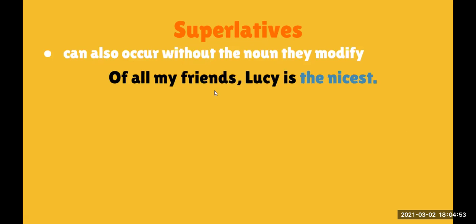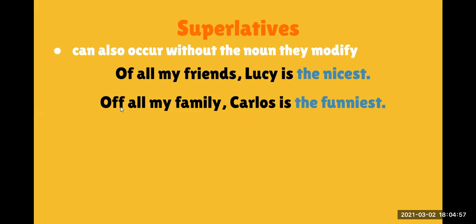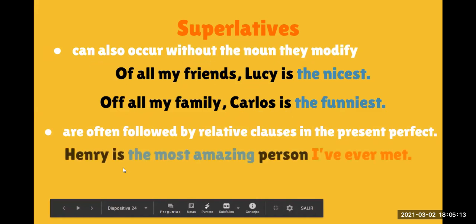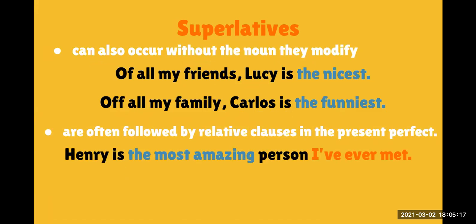Okay, let's see here. We have the other rule. Here we have another sentence. Of all my family, Carlos is the funniest. And it says that superlatives are often followed by relative clauses in the present perfect. For example, Henry is the most amazing person I've ever met.